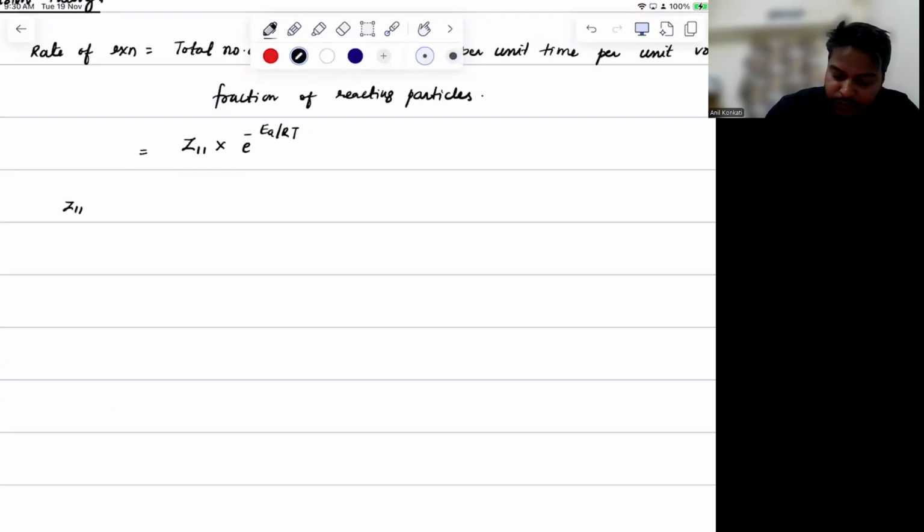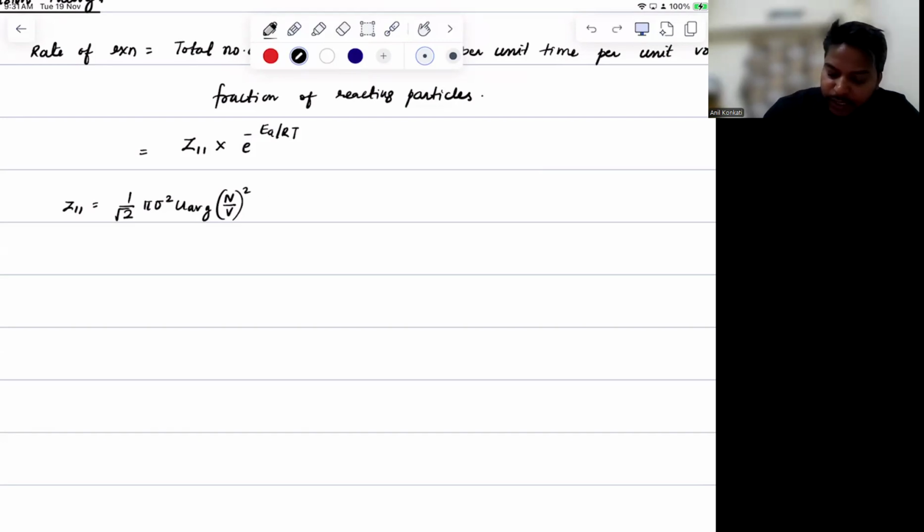Z11 is equal to 1 by root 2 pi sigma square into U average into (N by V) whole square, or N star whole square, correct? When it comes to concentration, this will be equal to (N by V) whole square.